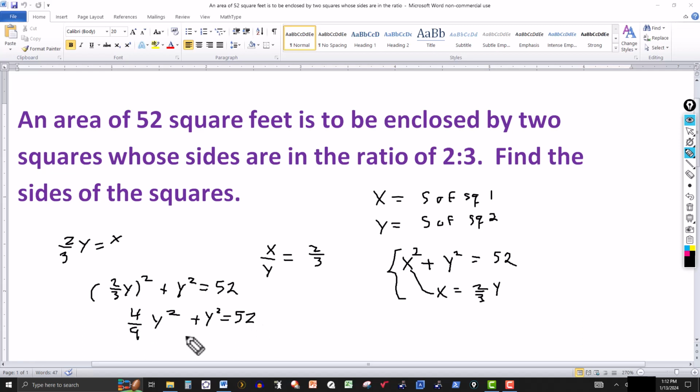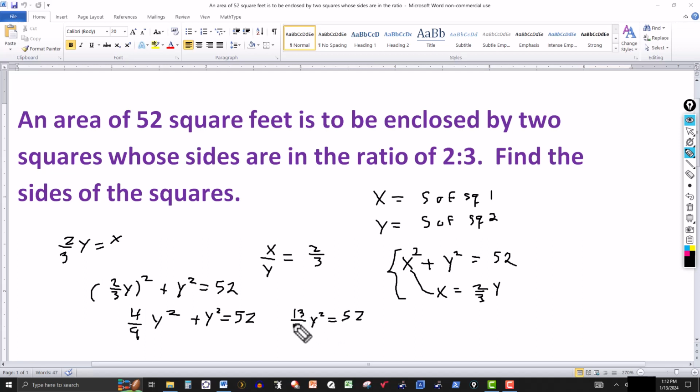Let's combine this. The coefficient of y squared here is 1, so we can rewrite that as 9 over 9 to get the same denominator, so we can add these up. 9 over 9 y squared and 4 over 9 gives me 13 over 9 y squared is equal to 52.